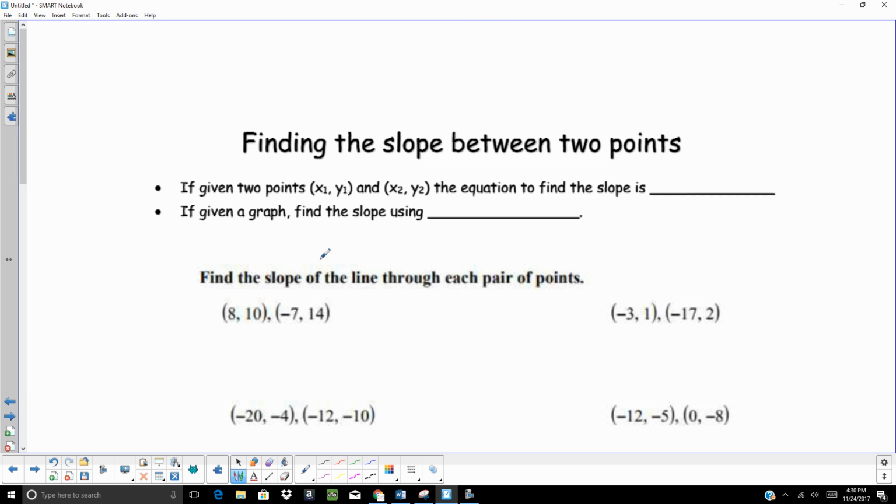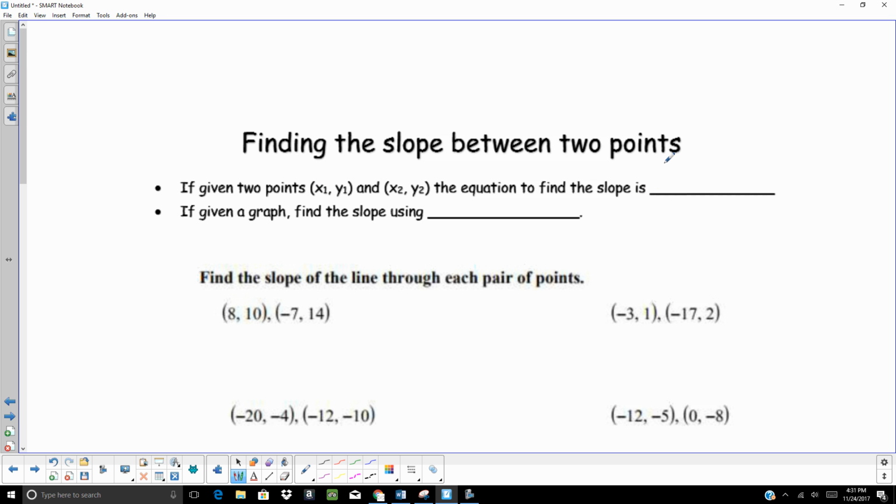All right, so sometimes we need to find the slope between 2 points. So if we're given 2 points, x sub 1, y sub 1, x sub 2, y sub 2, and those sub 1s just are a way of telling them apart. This is my first ordered pair. This is my second ordered pair. In an ordered pair, it's always going to be x comma y.